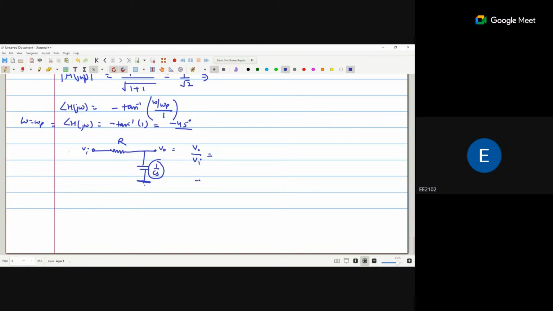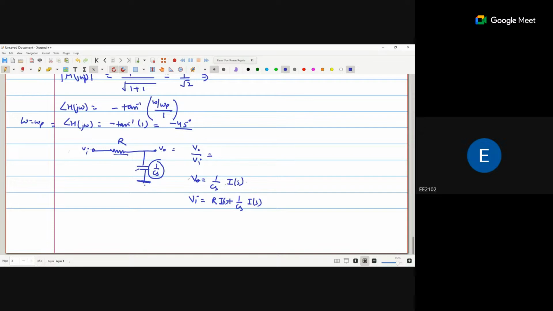So Vo is 1 by Cs times I(s). And the input voltage will drop across this resistor and this capacitor. So Vi is nothing but R I(s) plus 1 by Cs times I(s).